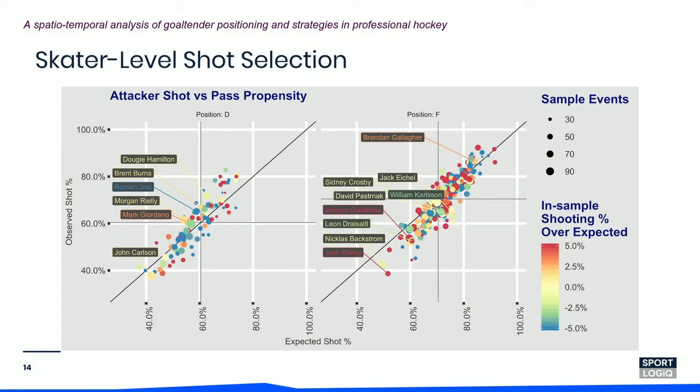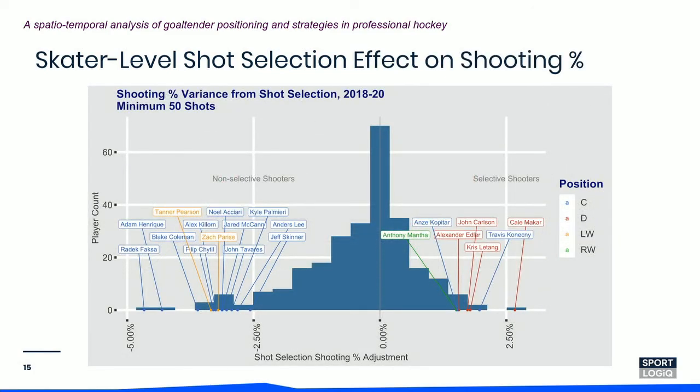And what we can do with some of these deltas is, what this is showing is that some players shoot more than we'd expect, right? So some shooters are shot happy, and some are more likely to pass. When you think about, if I take 100 shots and that's maybe 7 more than normal, how does that change the denominator of my shooting percentage, if I'm more selective or less selective with shots?